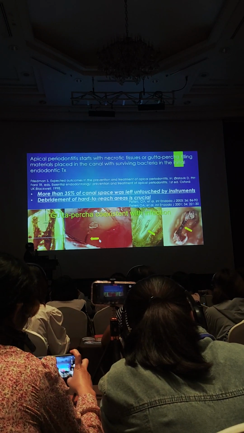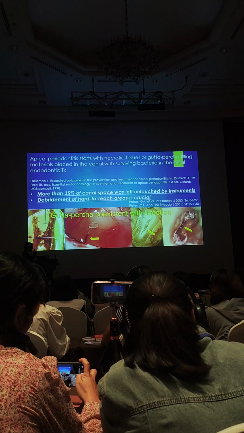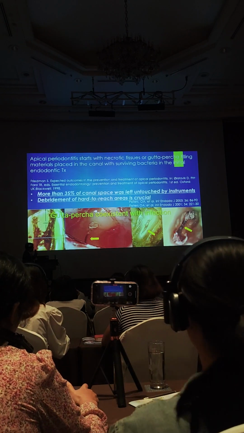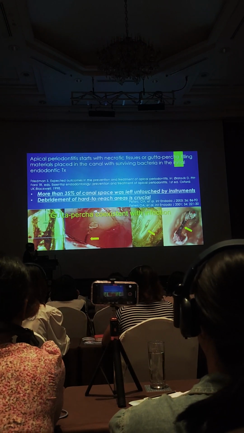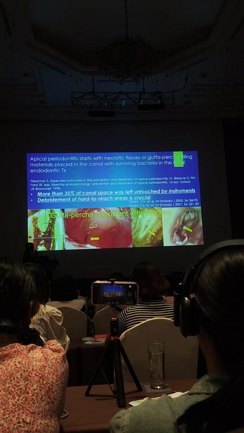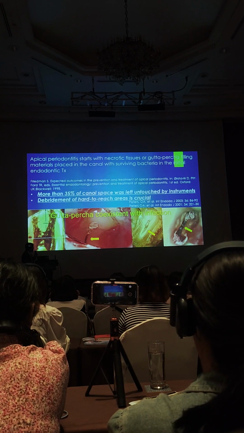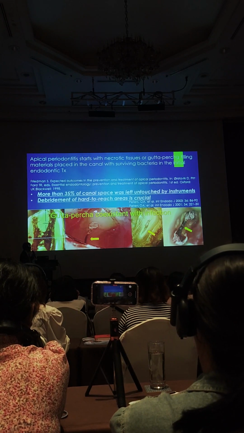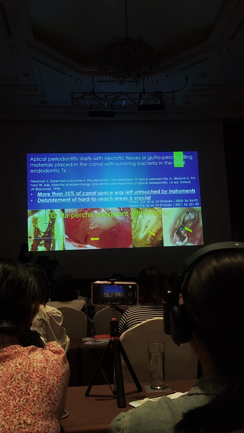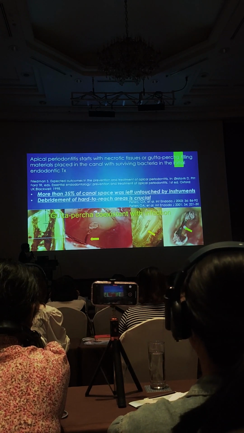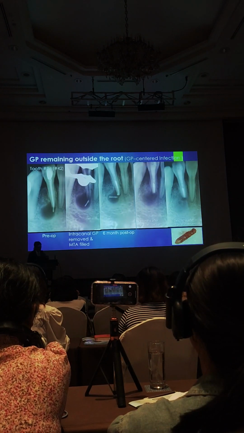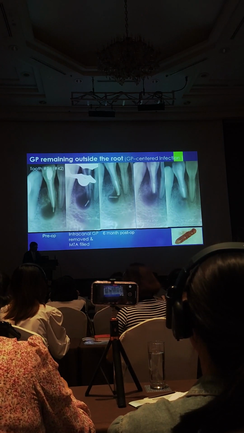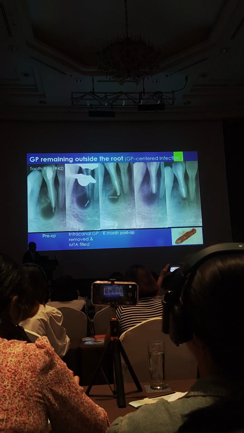Here you see the space left untouched, here and here, the space between the two roots. Those spaces were not touched by the instrument. So you have to know the small anatomical spaces, especially when you do retreatment, because they are the reason why you don't have periapical healing.